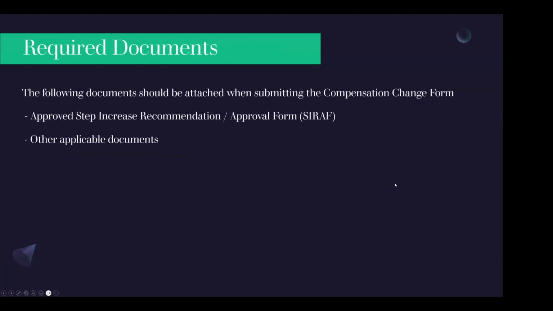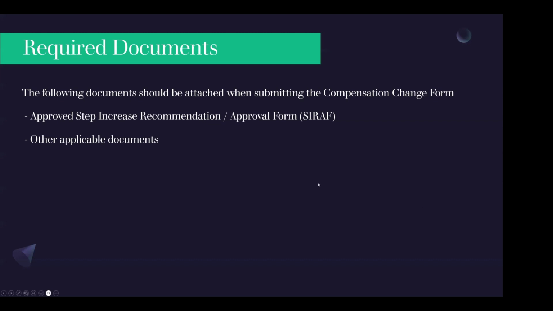So, required documents for any type of compensation change. The required documents are the approved step increase recommendation and approval form. Those are for performance step increases and other applicable documents, memos or anything like that. There's really no requirements for a compensation study change, a general wage adjustment change, or a cost of living adjustment change.